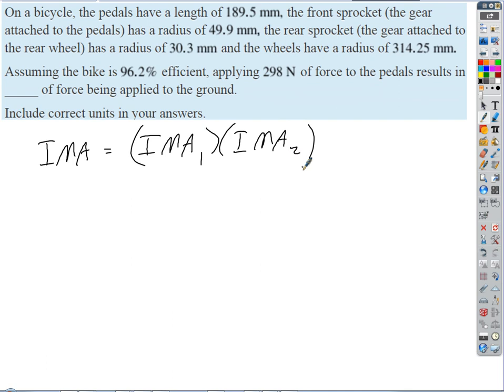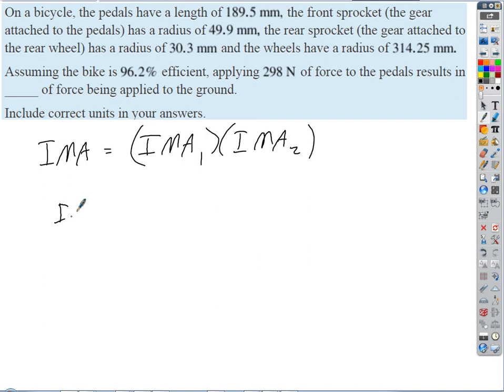So the first machine is a wheel and axle. On a wheel and axle, the wheel is the part that you're applying the force to, and the axle is the part that's applying the force to the load, right? So in this case, the pedals are the wheel. They're moving in a circle, and that represents the wheel.